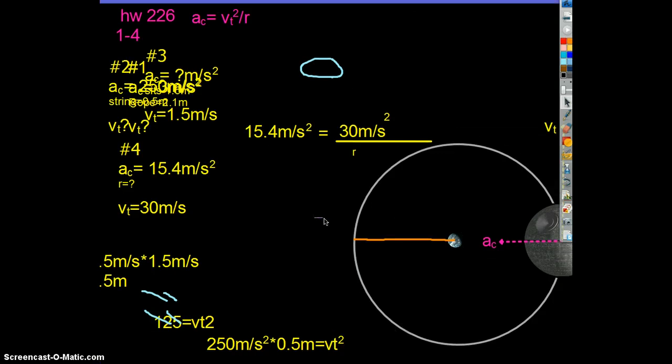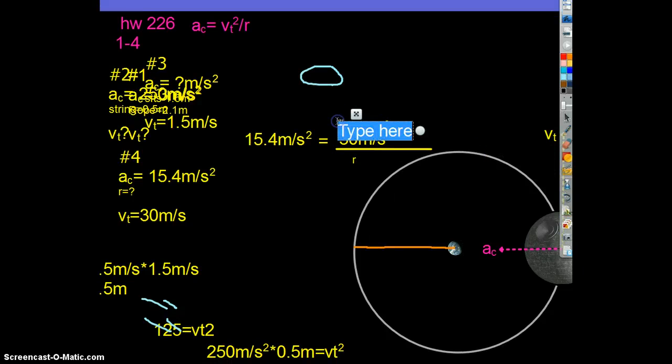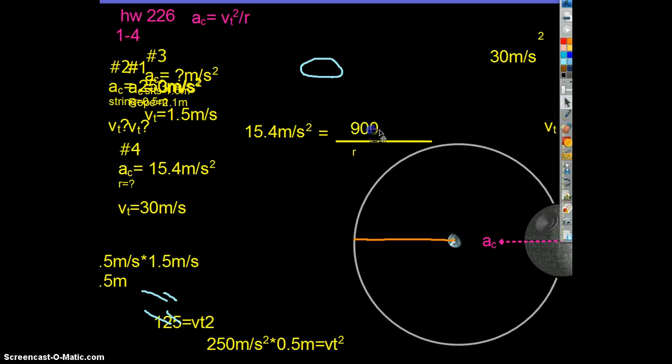So we have to do a little more complex math on this one. 30 squared, that seems in my head to be about 900. So this is actually about 900, if I'm not mistaken. So let's drag this out of the way. So about 900 divided by r is equal to 15.4.